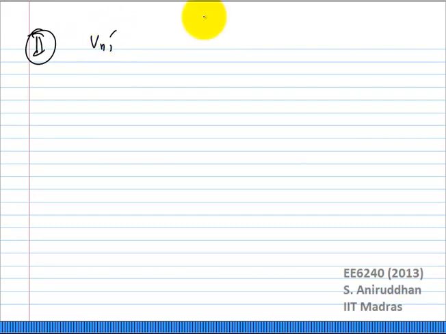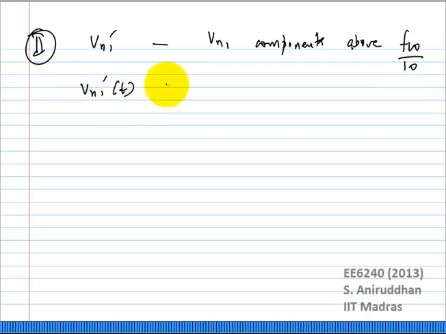For VN1 prime, I'm going to assume that you are looking at components above FLO by 10, because you have already taken this into account in section 1. So VN1 prime of T is VLPF of T times the switching waveform S of T, which we have seen goes from 0 to 1.